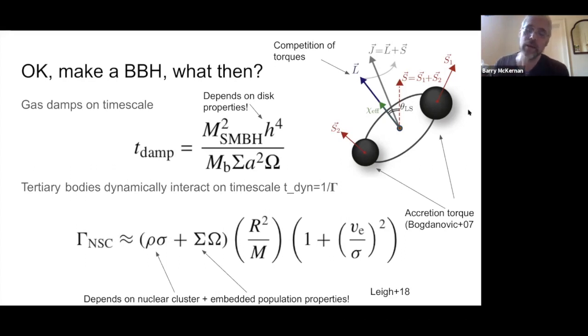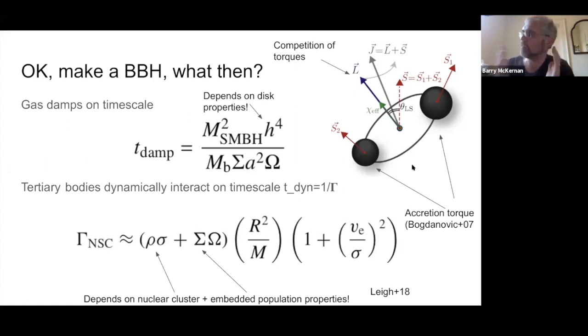The binary orbits around its center of mass, giving you a binary orbital angular momentum L. And if you mass-weight the spins and then project them onto L, you get this little green arrow here, chi effective. That's something that LIGO can measure reasonably well, and so this is something we'll come back to.